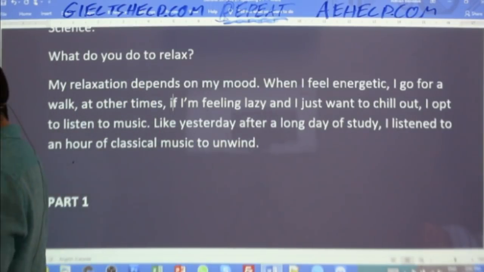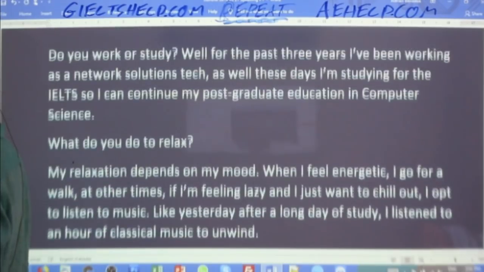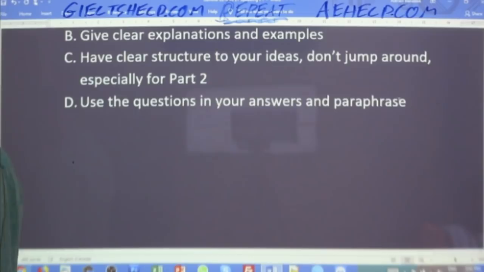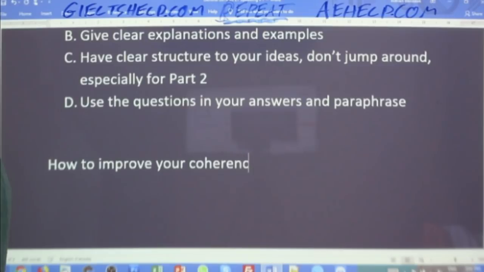So that's what you want to do, all right? Let me make a note of that so you can remember this really good practice strategy for coherence at home, okay? So let's call it how to improve your coherence at home.